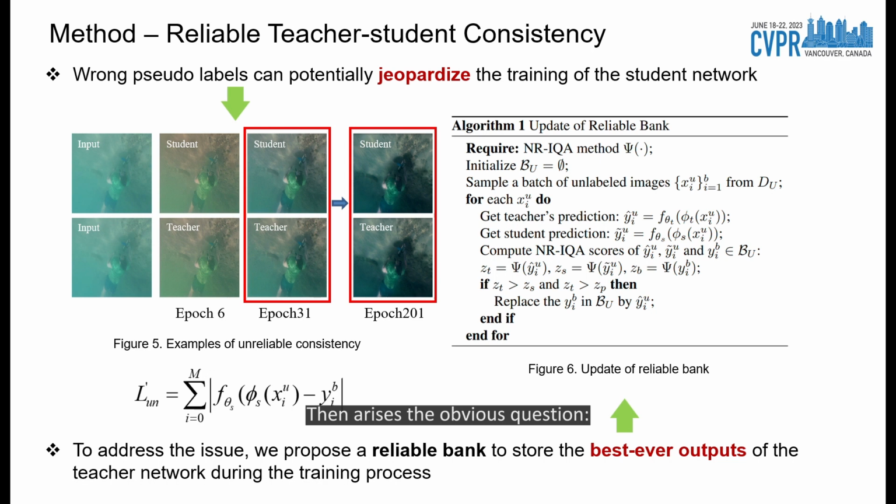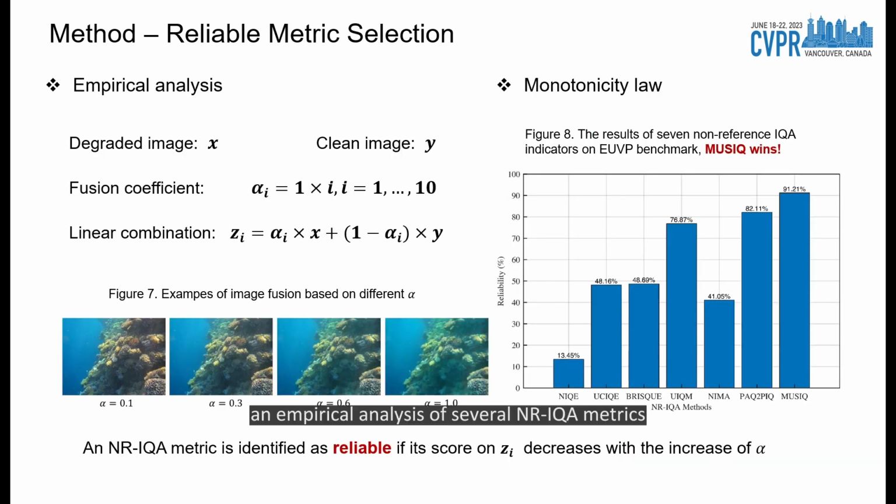Then arises the obvious question: how to determine the quality of a prediction without the true label? We conduct an empirical analysis of several NR-IQA metrics to find the best possible one for underwater images. Given a degraded underwater image X and a paired clean image Y, we perform various linear combinations of them to get a set of images with different quality.